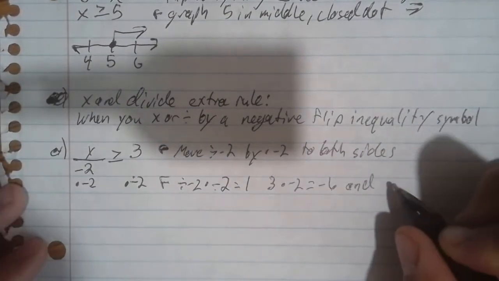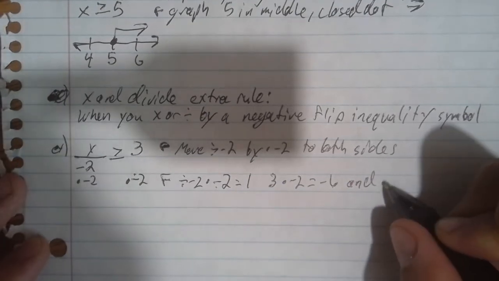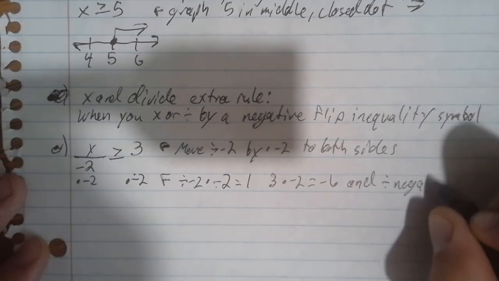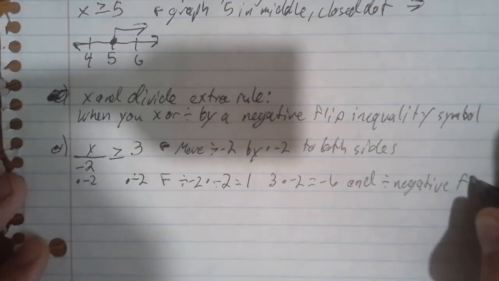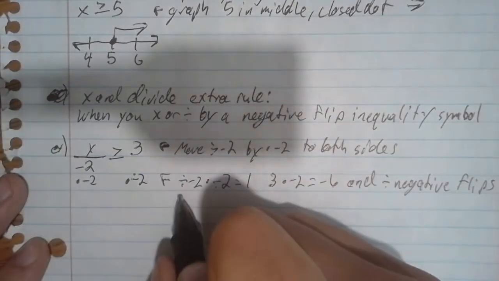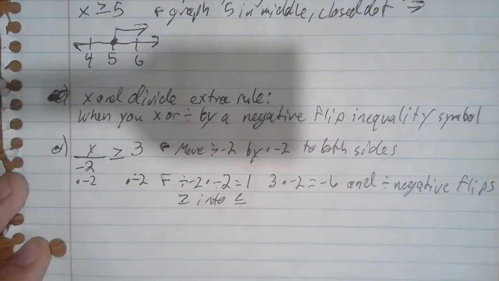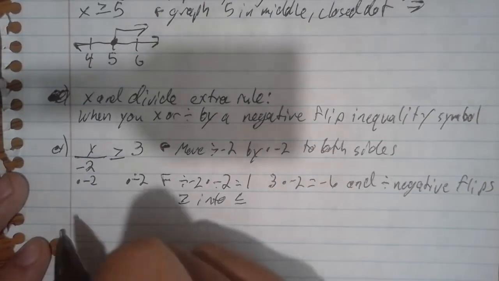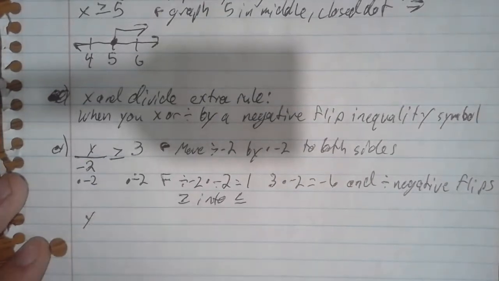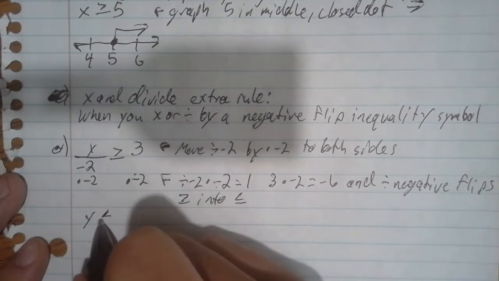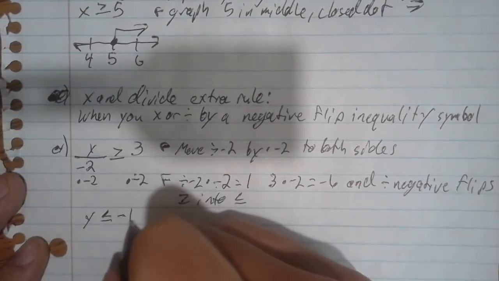And multiplying by a negative flips our greater than or equal to into a less than or equal to. So our y comes down. Negative 2 is gone. This flips, and we get negative 6.